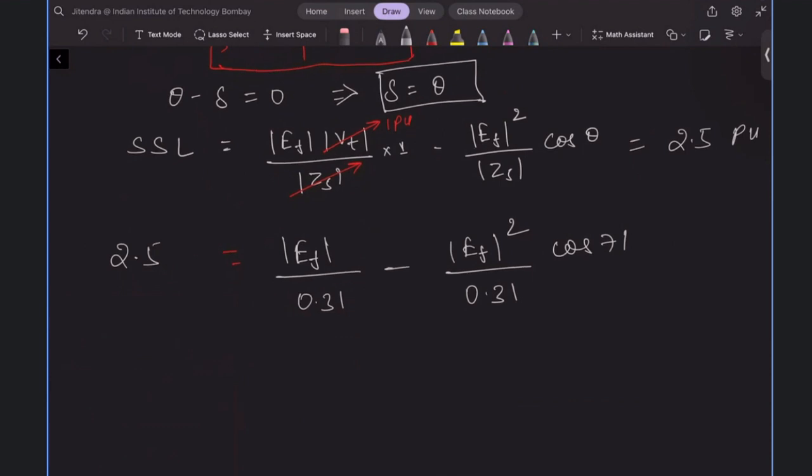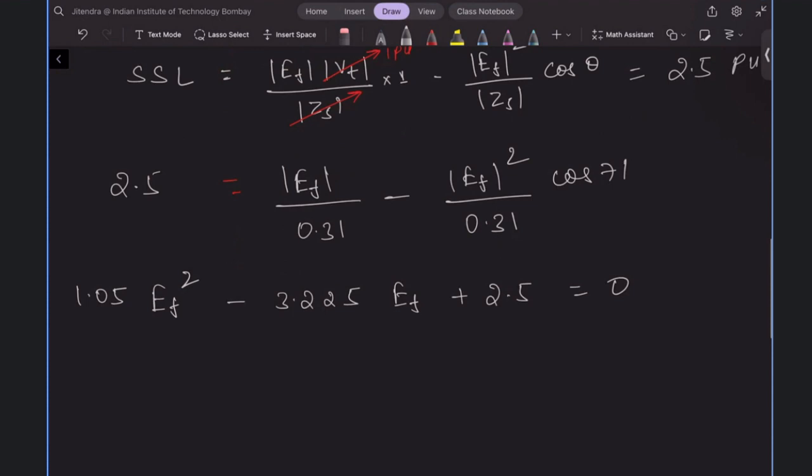So now it is just a quadratic equation. EF square cos 71 by 0.31, it will be 1.05, I guess, minus EF by 0.31 minus 3.225 EF plus 2.5 is equal to 0.